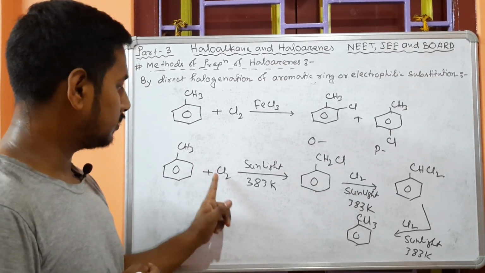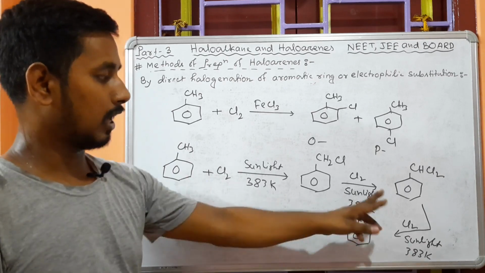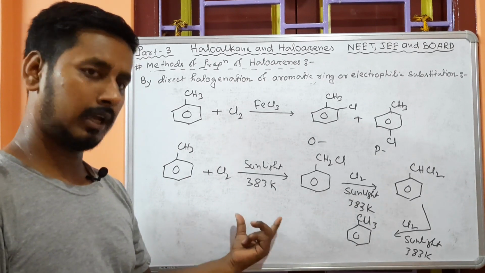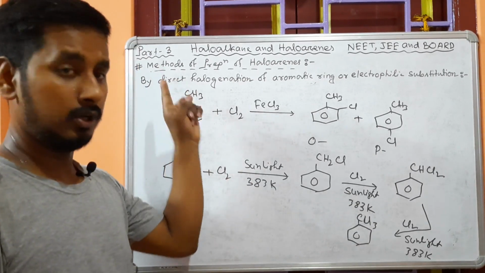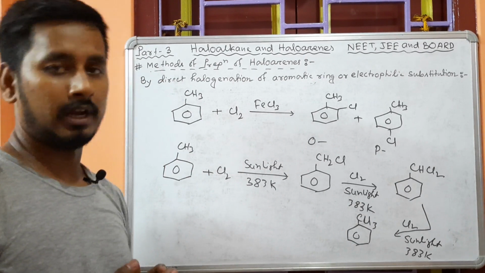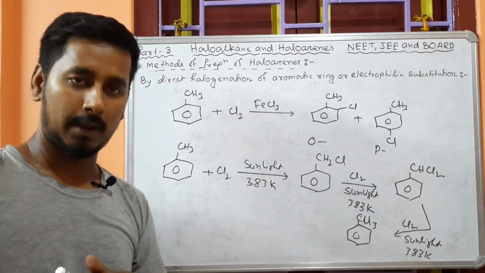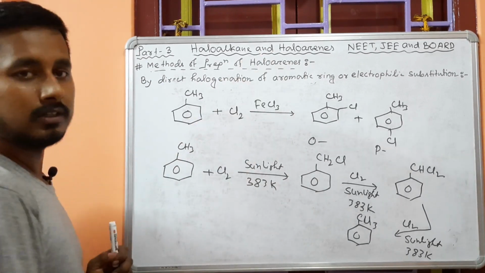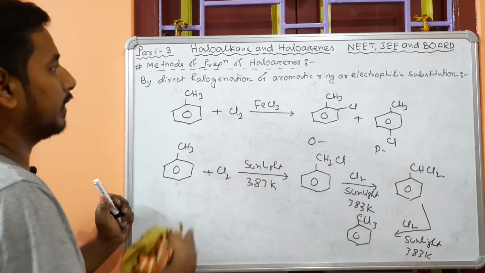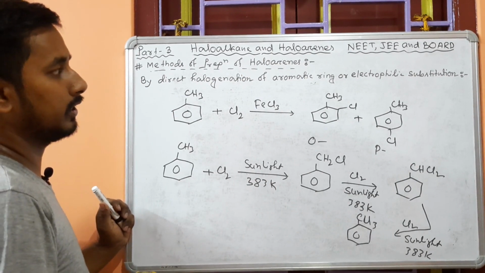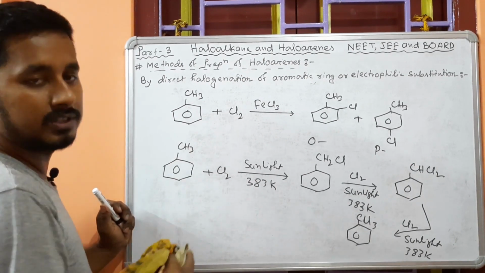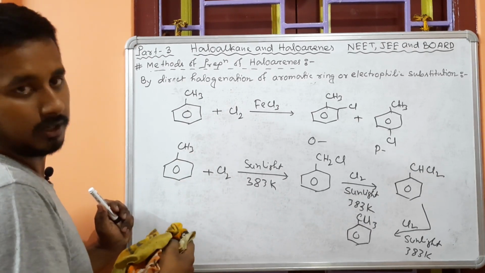So in substitution with chlorine atoms you get this type of product, and this will be explained in class 11 also, and again in the second part of this video. You just go through that video and you will understand how these things happen. Okay, fine. Next, the second process. This is by direct halogenation of aromatic ring, or electrophilic substitution reaction of benzene, and then you get this type of haloarenes.